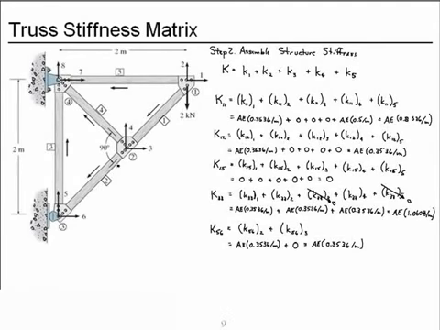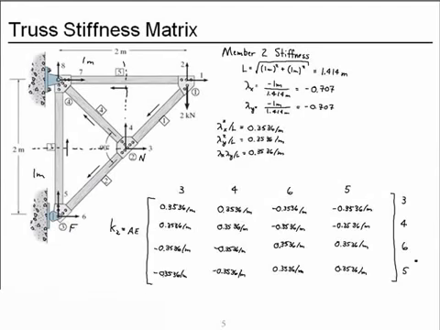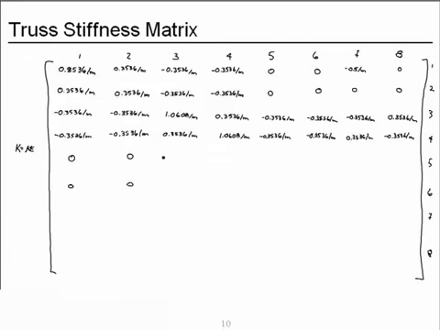Our next chunk comes only from member 2. We have rows associated with degrees of freedom 5 and 6, columns associated with degrees of freedom 3 and 4. Note that because of our numbering convention, as we put this chunk into the structure stiffness matrix, this one goes above this one.